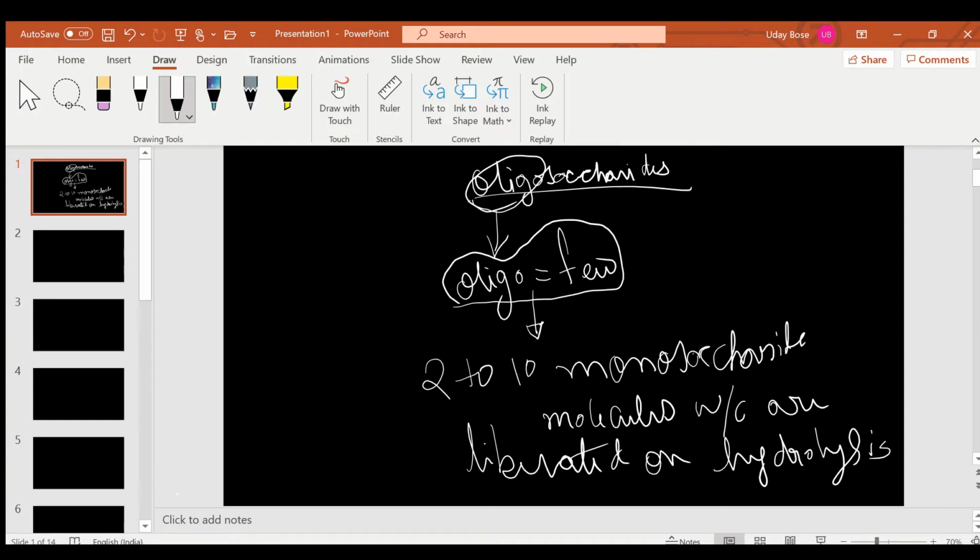But from oligosaccharides onwards, you can actually get the monosaccharide units that form the oligosaccharide. So this point is very important. From oligosaccharides onwards, you can carry out hydrolysis to get the monosaccharide units.